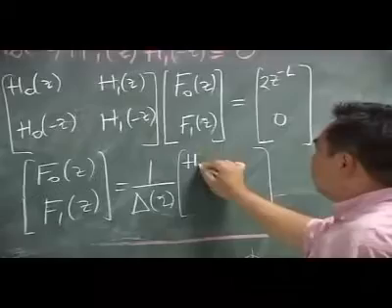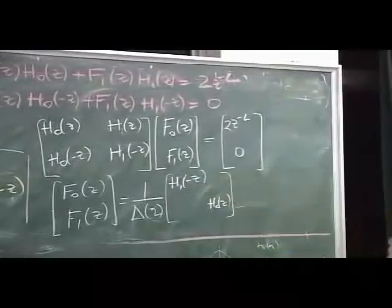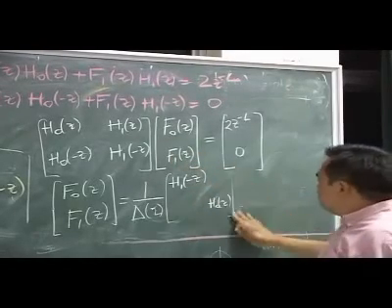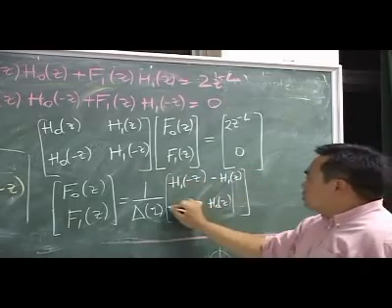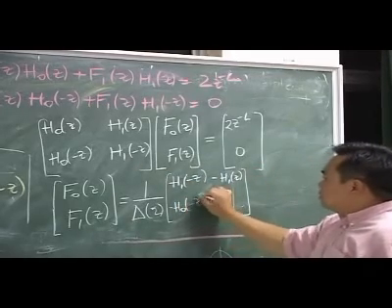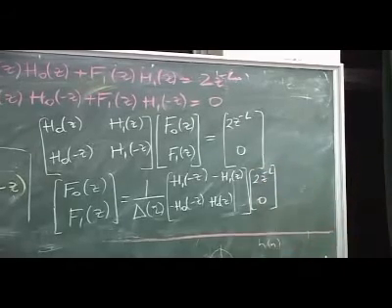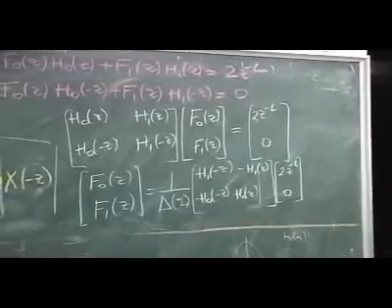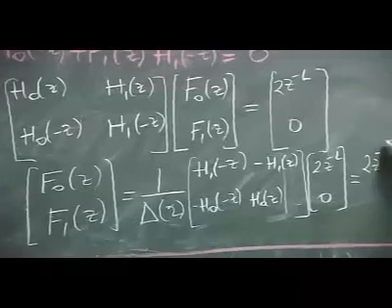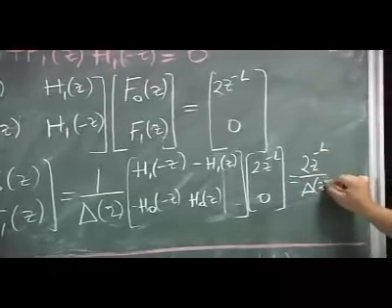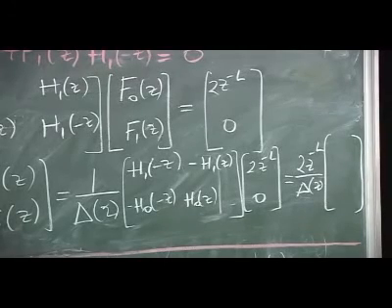So H1 of minus Z, H naught of Z, minus H1, minus H naught, minus 0. I choose you have L 0. And what is the result? 2 Z to the minus L over delta Z. What is here? It's right here.